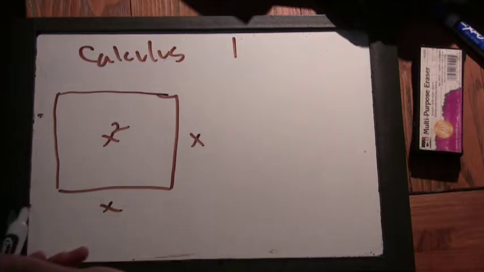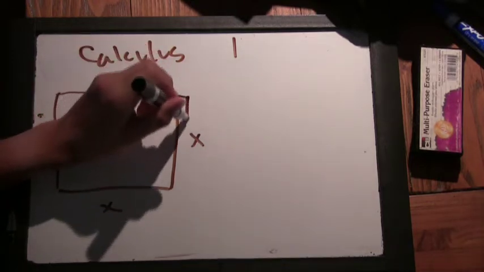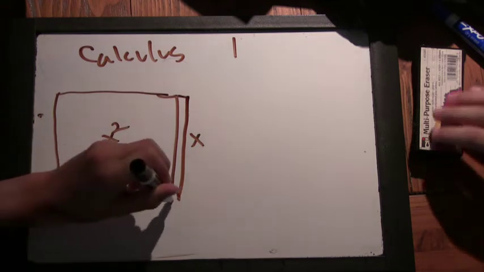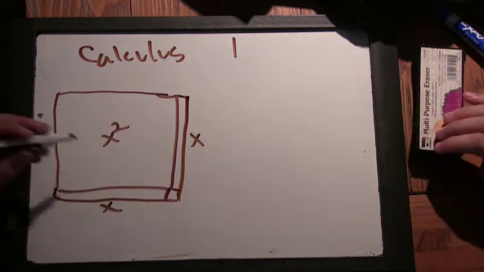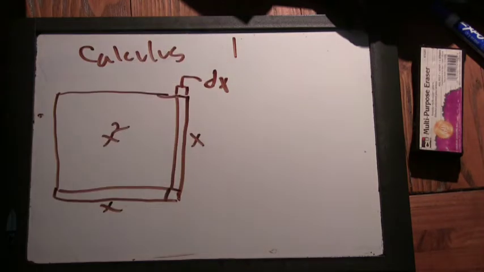Okay. And can you explain what he did? So he increased x by a small amount. I'm going to draw it a bit bigger so it actually can show up. But he increased x by this little bit, which he called dx. Okay. And now we can have some different expressions for how the area of the square changes.